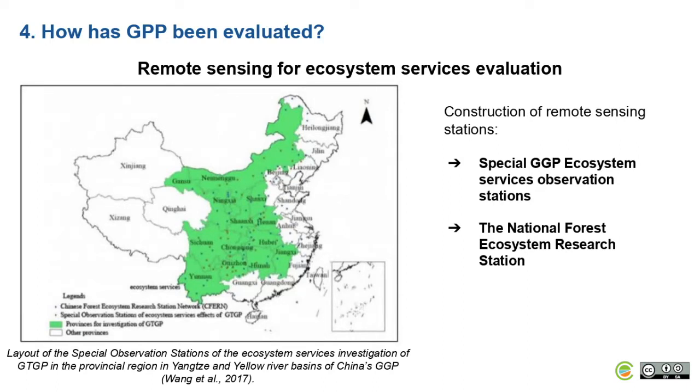In this study, we can see in the chart the different stations in the map, and we see that there have been more than 100 stations built in order to know how ecosystem services, that is to say carbon sequestration, soil organic matter, and also erosion, are evaluated during the project.